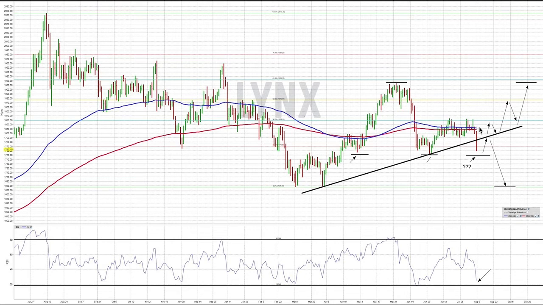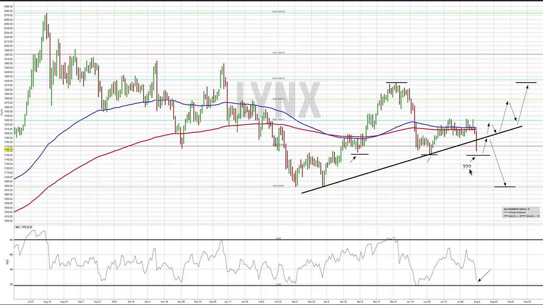Nothing to express about that. Just to visualize, this one broke down and is now going away from both EMAs. So possibly there's a bit of power needed to get back up here again.